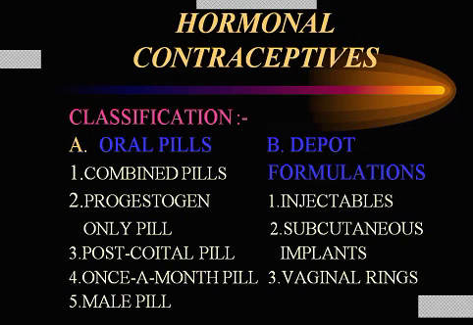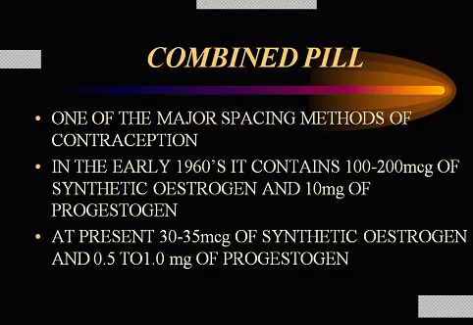So we have 5 types under oral pills, which can be given orally. Depot formulations are available as injectables, subcutaneous implants, and vaginal rings. So this is a broad classification of hormonal contraceptives.